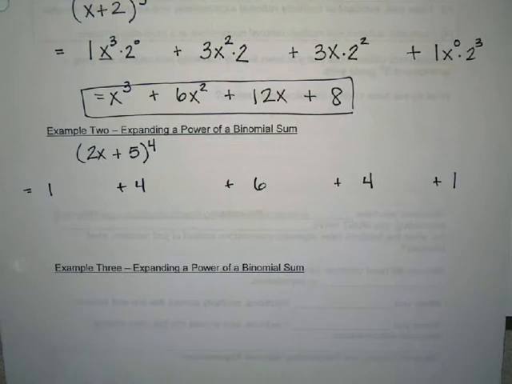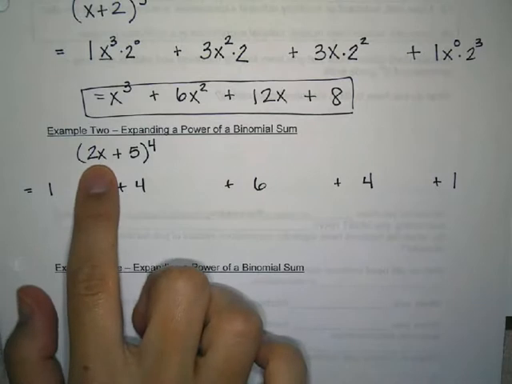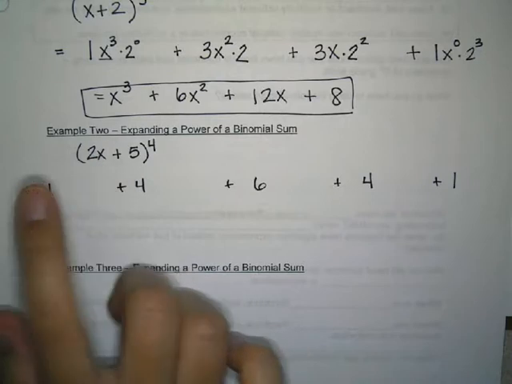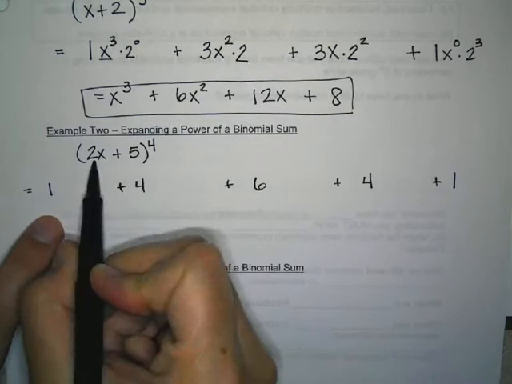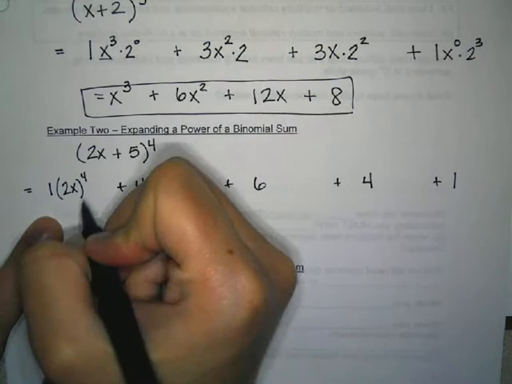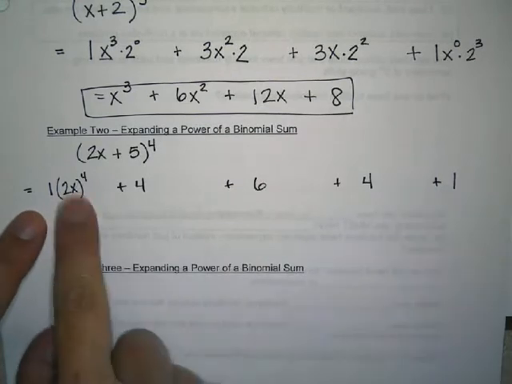Okay. And then you start with your first term in the parentheses. Now, in this case, it's not just x, it's 2x. So I'm going to be putting that in parentheses here because that's going to be important when I start fourthing and cubing and all that stuff. So my first term is going to be raised to the 4th power. And then every term after that, what happens to this exponent?